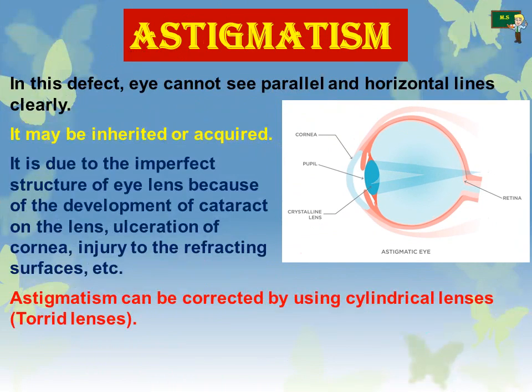It may be inherited or acquired. This is due to imperfect structure of the eye lens because of the development of cataract on the lens, ulceration of the cornea, injury to the refracting surfaces, etc. Astigmatism can be corrected by using cylindrical lenses, that means toroidal lenses.